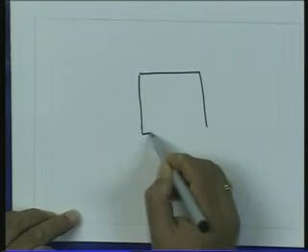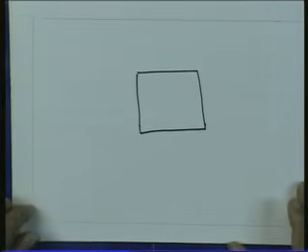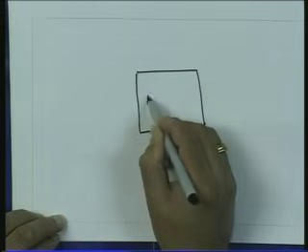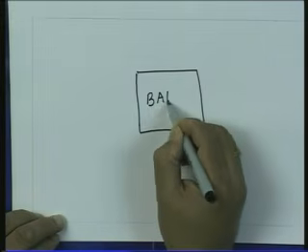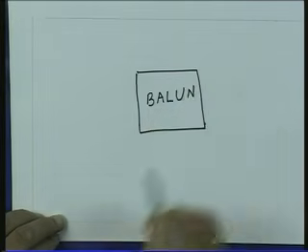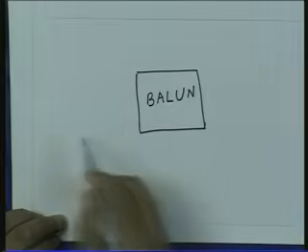So, a structure which matches the impedance as well as the nature of the cables is what is called balun, which is balanced to unbalanced structure.